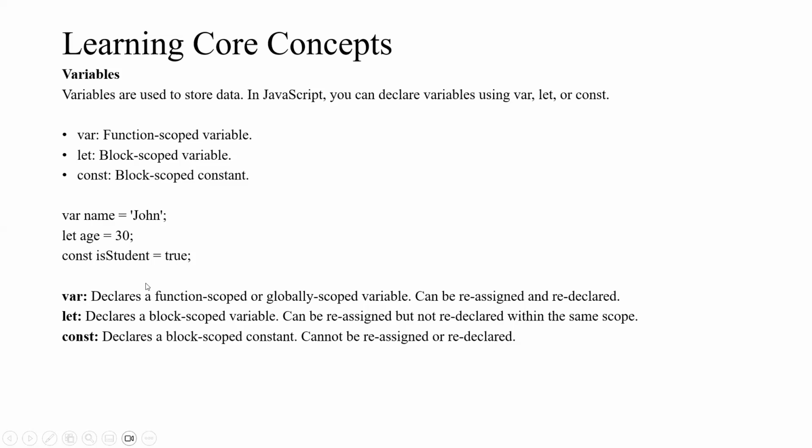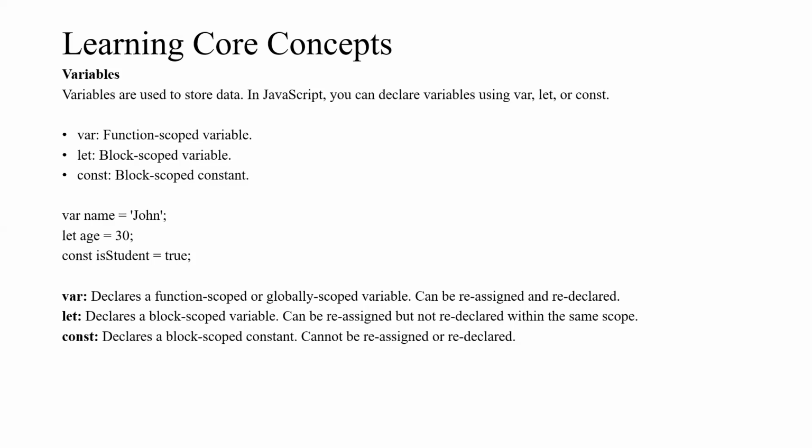So then I now say, okay, let me define the variable here. Var, which is a variable. It's a declaring function, so you can use it globally on the web page. A global scope variable can even be assigned or declared within the scope. And let also declares a block scope variable.